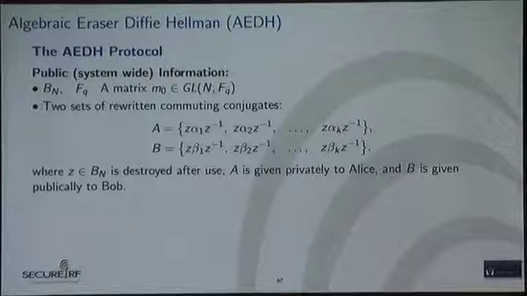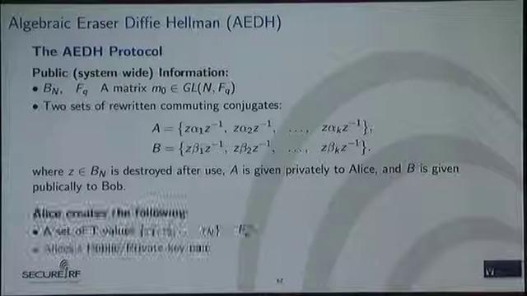And they're actually designed in such a way that they commute. And as I showed earlier, the way you do that is you just have them from different sides of the braid group, such that one side uses one, the other uses the other, and because they're not crossing each other, if they're not next to each other, they can commute. And then after you create these conjugates and rewrite them, you then destroy Z and you move on.